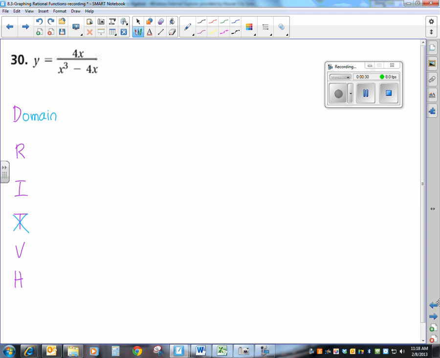Okay, remember your domain is where the denominator is equal to 0, because the denominator cannot be equal to 0. So in this particular problem, I'm going to take x cubed minus 4x, set it equal to 0. I'm going to factor. It becomes x squared minus 4 after the common factor, and then I have a difference of two squares, so that's x plus 2 times x minus 2.